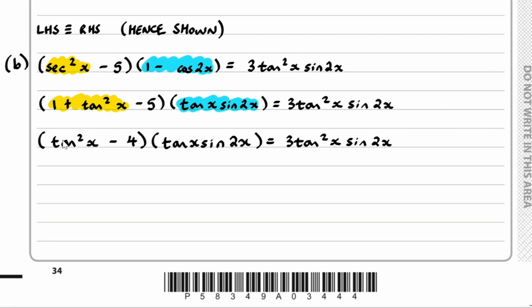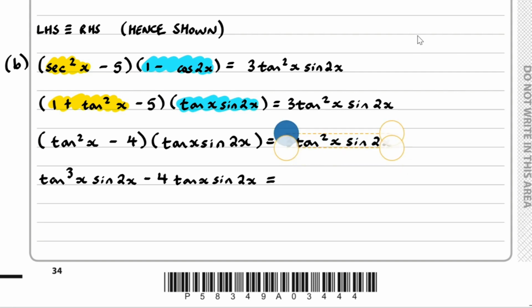So if I multiply out the brackets, I've got tan squared times by tan times by sin 2x, so that's going to be tan cubed x times by sin 2x, and then I've got minus 4 times by tan x sin 2x, and that's equal to this result here.